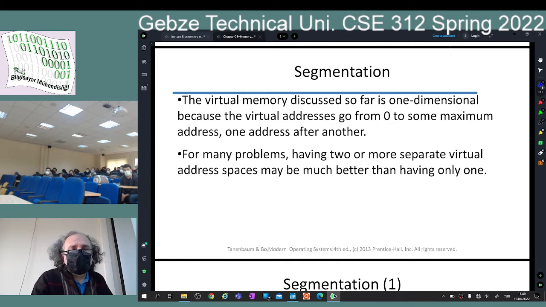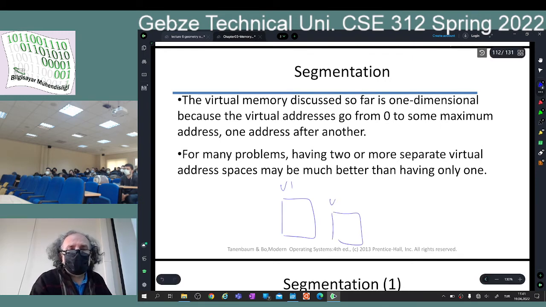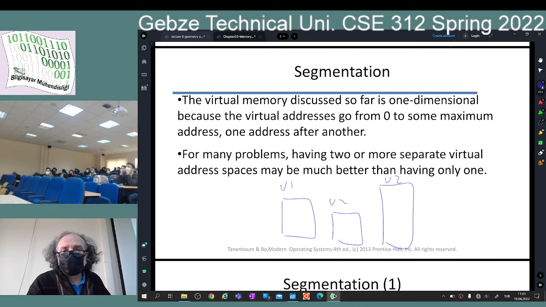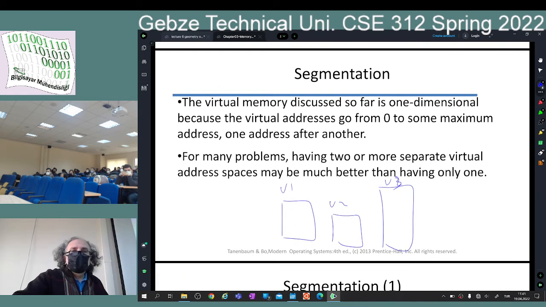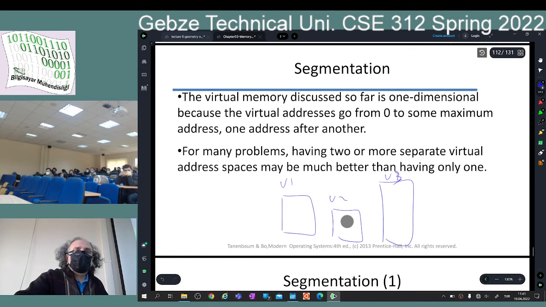So for my process, there is this virtual address 1 space, virtual address 2 space, virtual address 3 space. Their sizes are different, okay? At the beginning you say that, okay, I'm going to keep my procedures inside this V1, my code. I am going to have some need for a large data.